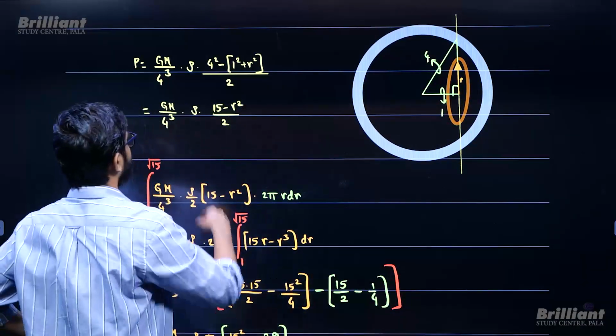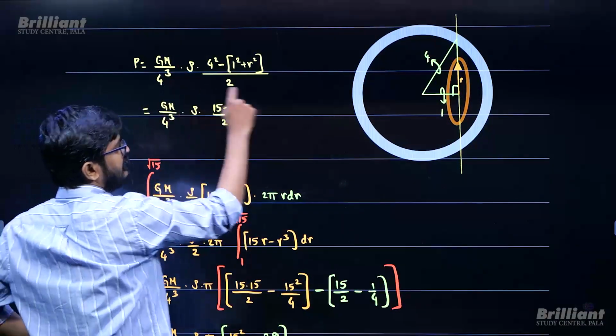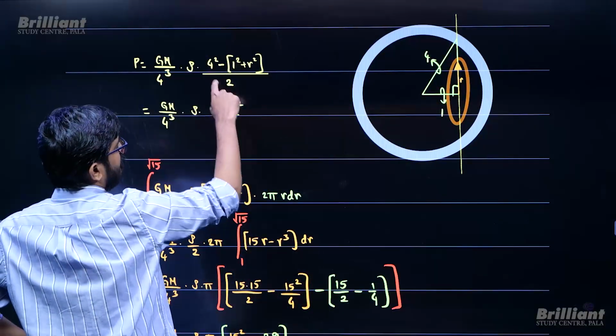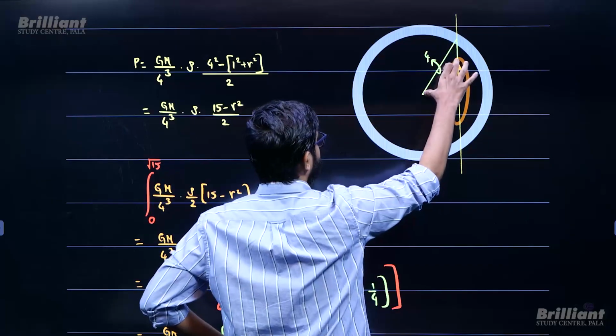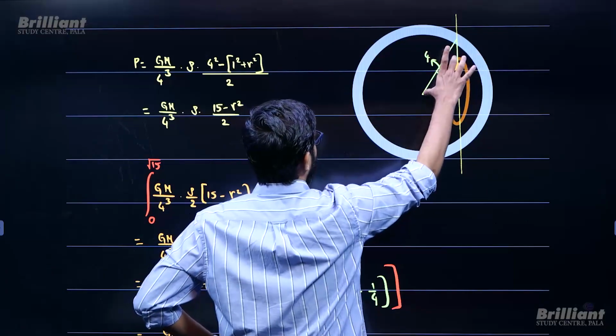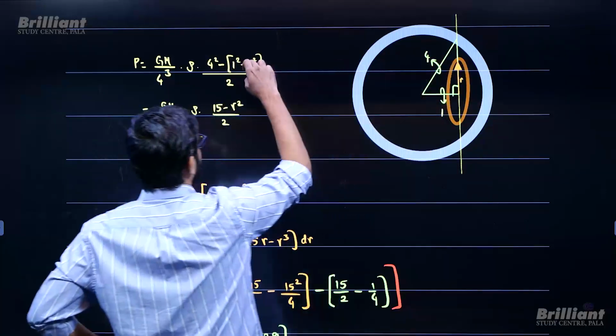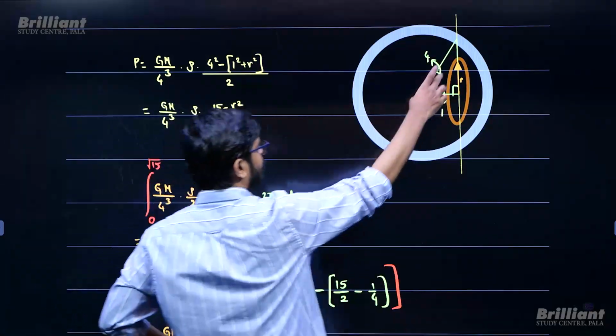So by using pressure there, GM by total radius cube into rho into capital R square minus this distance square by 2. So that is the pressure at every point.